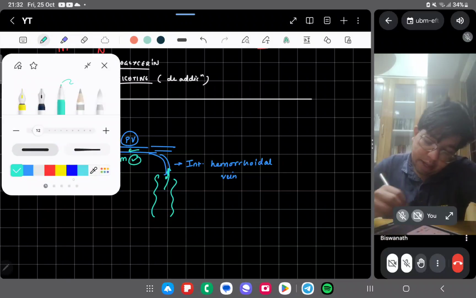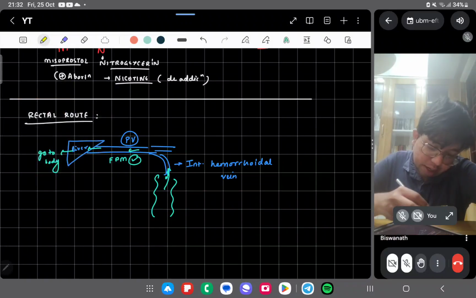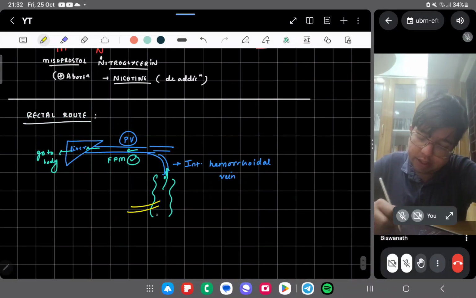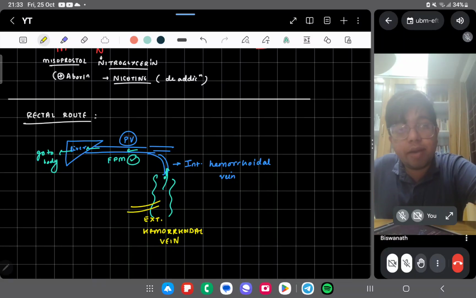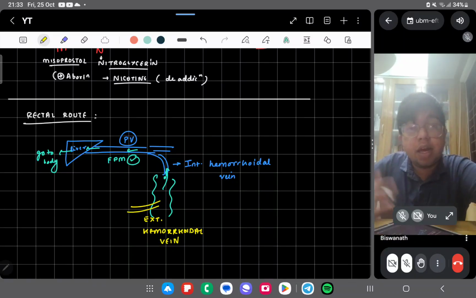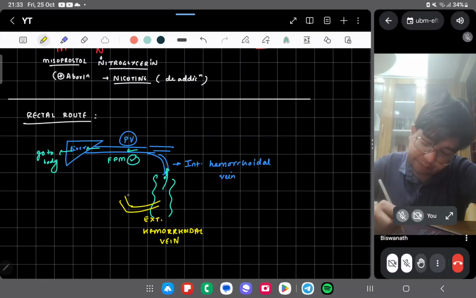But again, another vein is draining here. Another alternative, I can say, is this one. This is external. The external hemorrhoidal vein is going directly to the IVC.